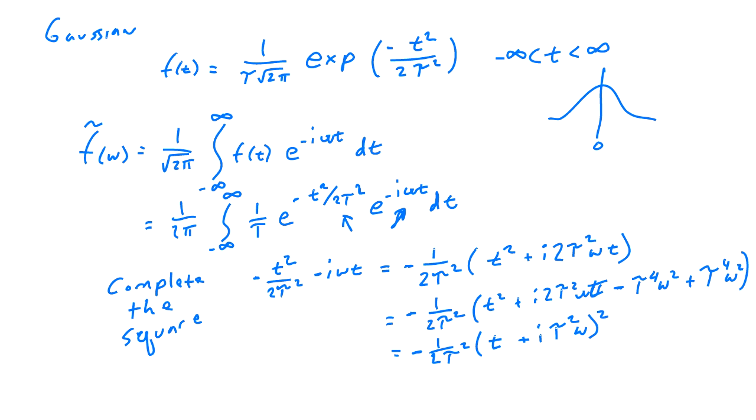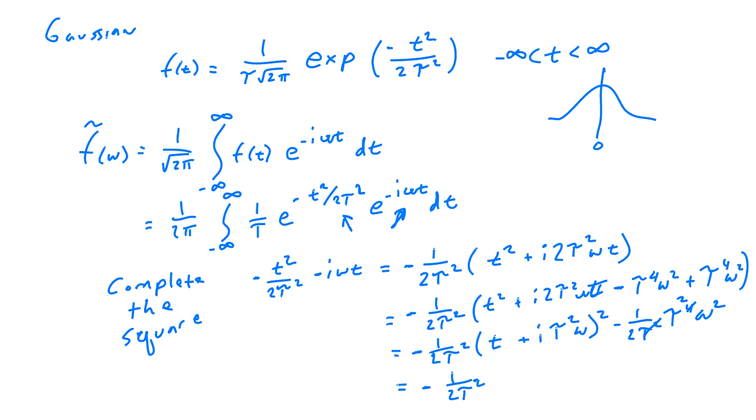And then I have this last term, which is going to be equal to minus 1 over 2 tau squared times tau to the 4th omega squared. And then I could just divide out the tau squared from tau to the 4th, and that simplifies a little bit. So the net result is I have one term here, which is a perfect square.